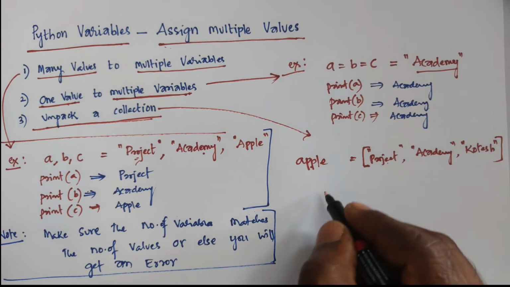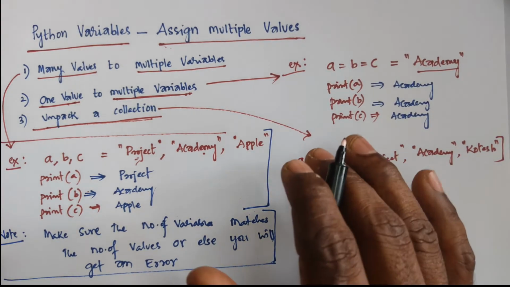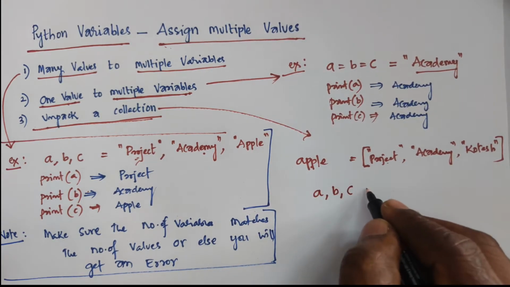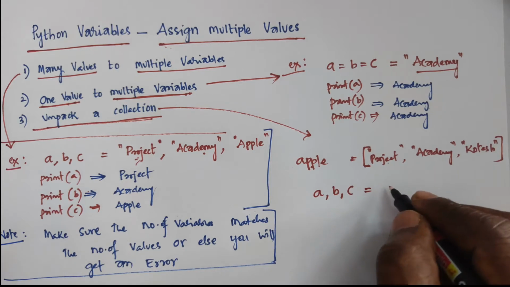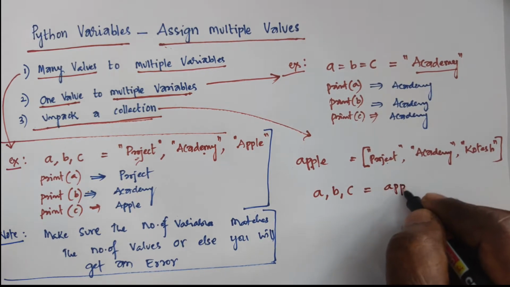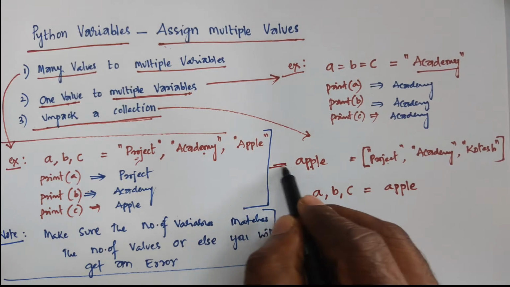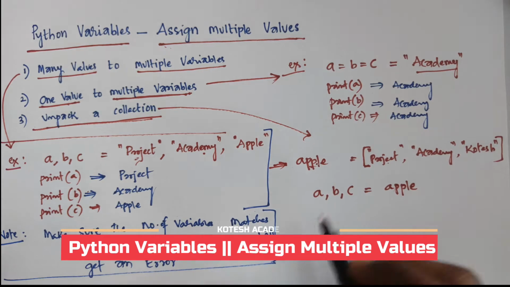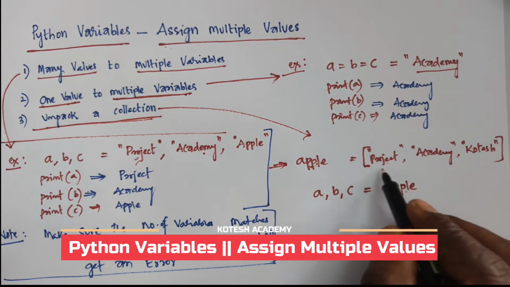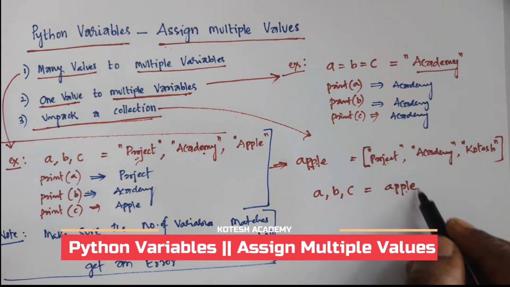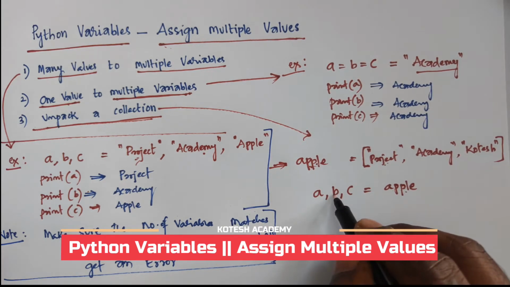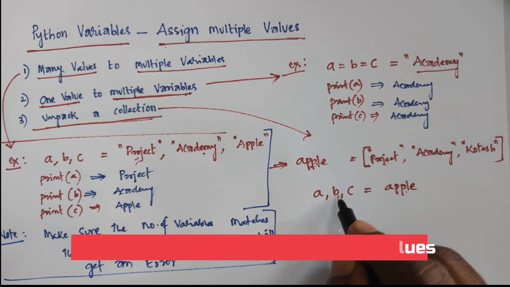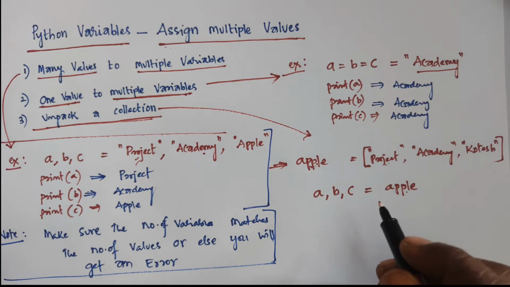Then you can write a, b, c is equal to apple on the second line. In the first instruction all strings are stored in the variable apple. The same apple has project, academy, and quotation, three values, and all can be assigned to a, b, c. So, the size of apple should match the number of variables, which is very important.